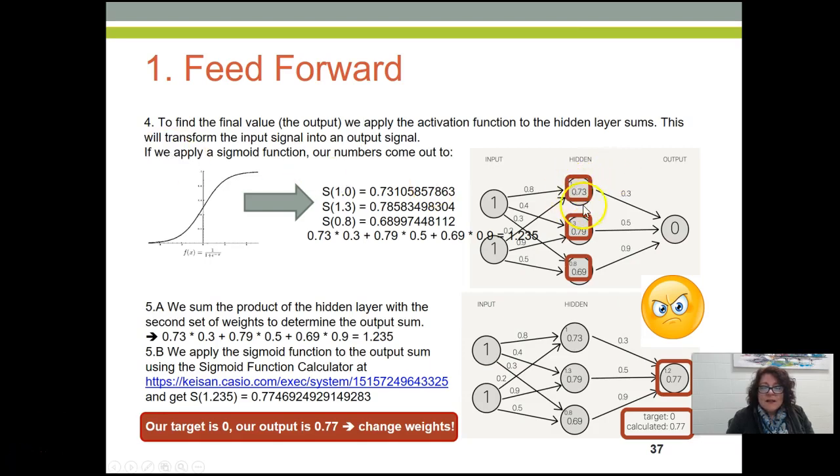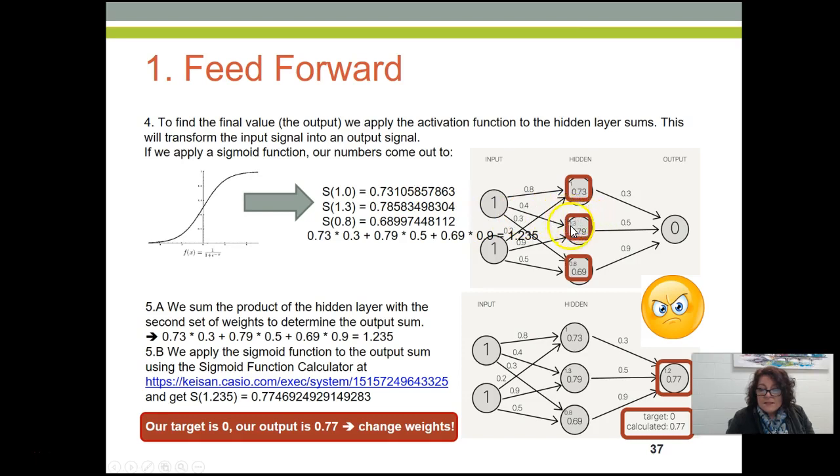Now we need to apply our activation function. We apply our activation function to the sum that we have just calculated here, and we have the option of choosing one of several of these activation functions. In our example here, we're going to use a basic sigmoid function, which we are already familiar with from our logistic regression. So if we apply the sigmoid function to our 1.0 that we've calculated for the first neuron, we receive an output of 0.73.